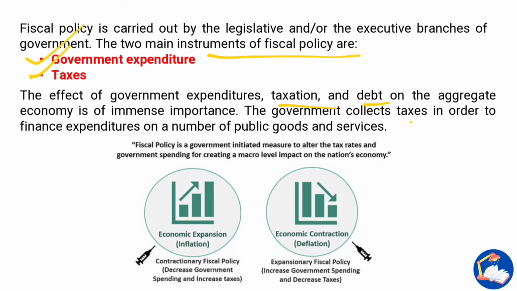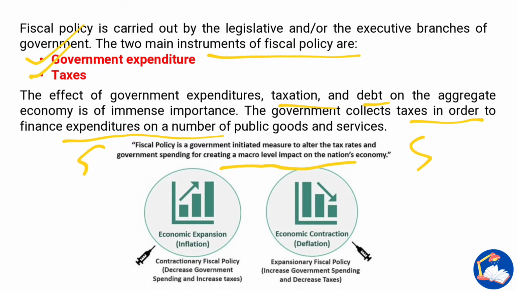The government collects taxes in order to finance expenditures on a number of public goods and services. So, fiscal policy is a government-initiated measure to alter the tax rates and government spending for creating macro level impact on the nation's economy. So, on a large scale, there should be some impact. In order to do that, we do fiscal policy changes.